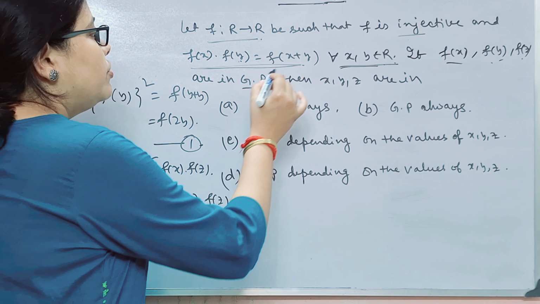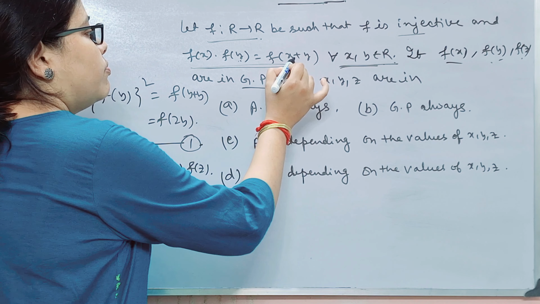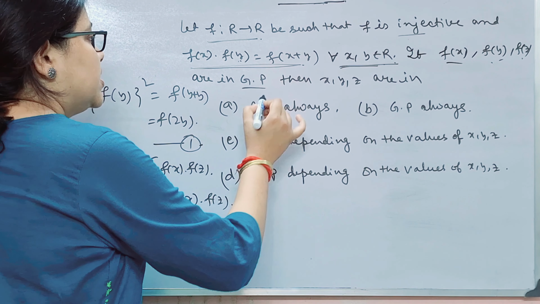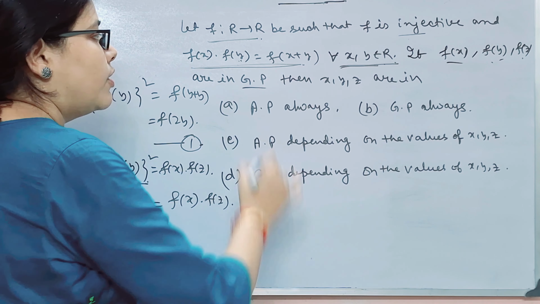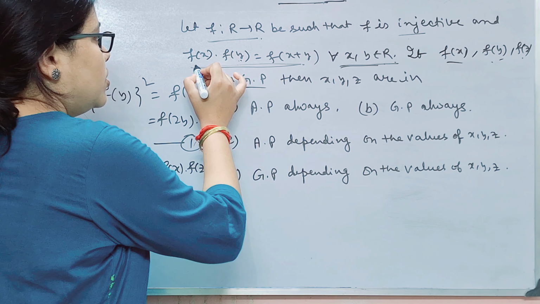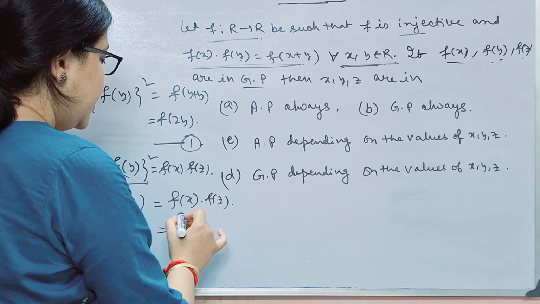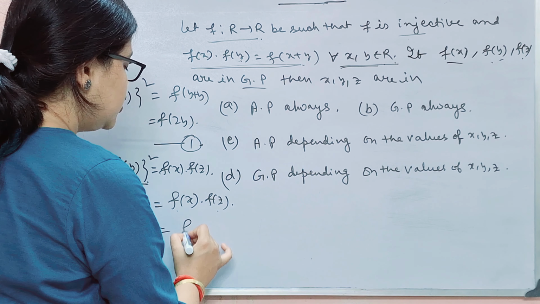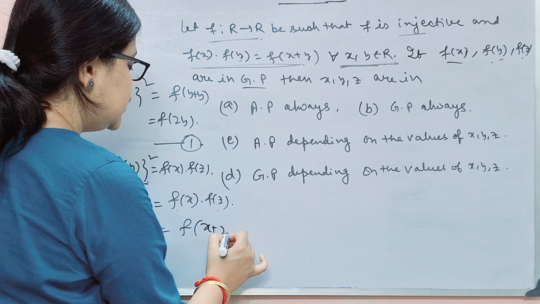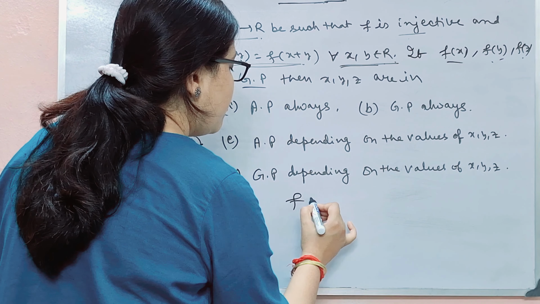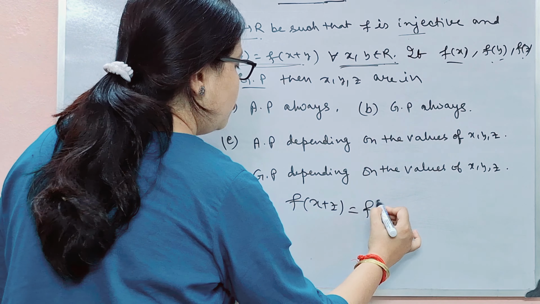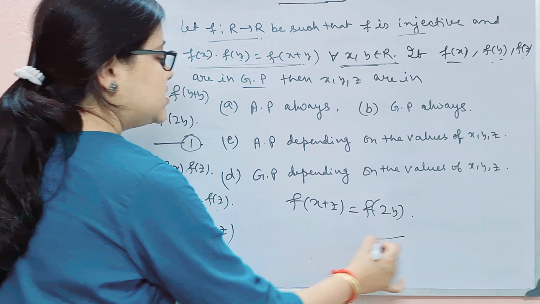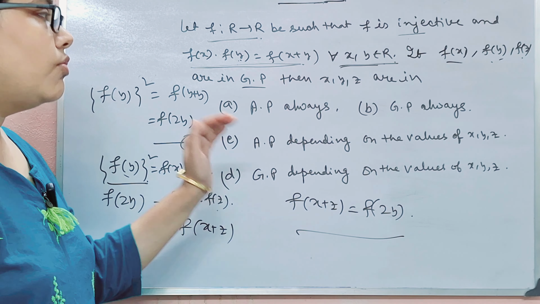Now if we put z in place of y in the given relation, then we get f(x) times f(z) equals f(x plus z). That means f(x plus z) equals f(2y).